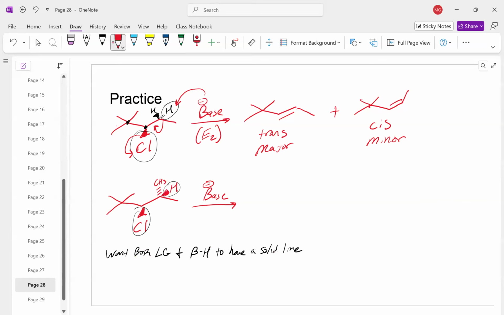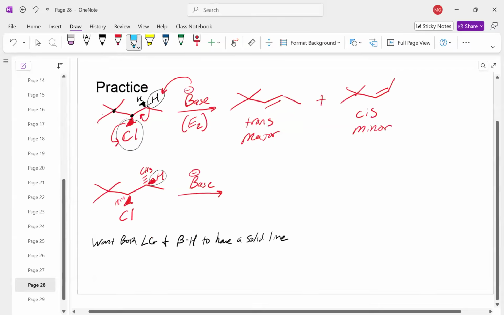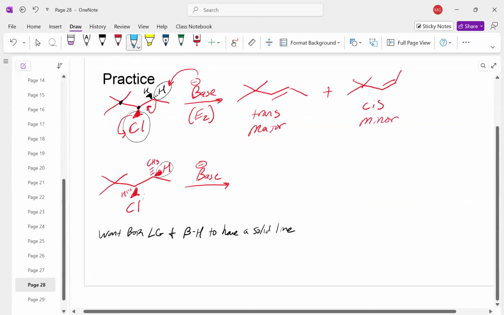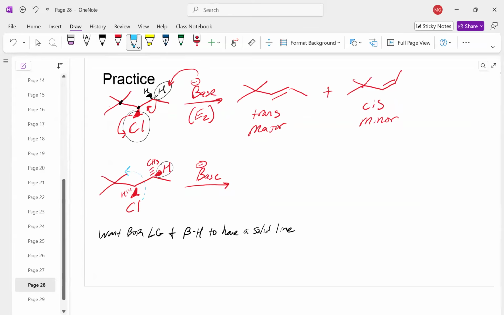So I'm going to draw in the hydrogen over here. Again, if you want to set up a Newman projection and do some rotating, you can. It's a little bit easier in my opinion. I want the chlorine to have the solid bond. So I'm going to put the chlorine there where that tert-butyl group is. The tert-butyl group is going to be down here where the hydrogen was, and the hydrogen will be here where the chlorine was. So I'm just doing that side first.